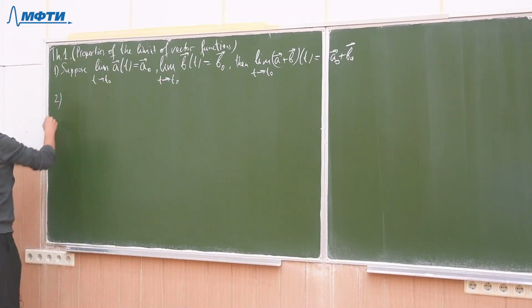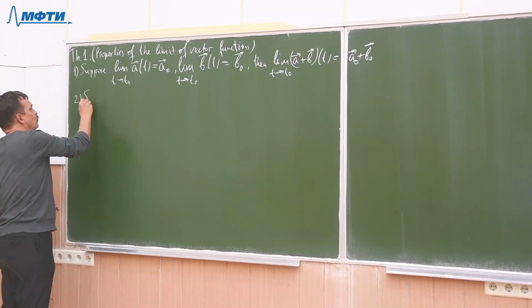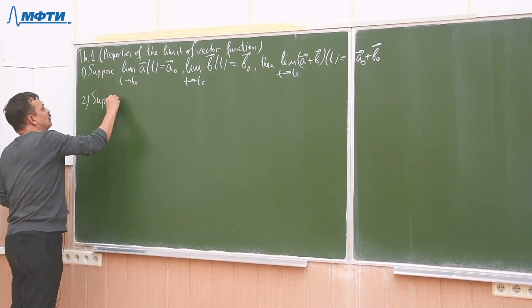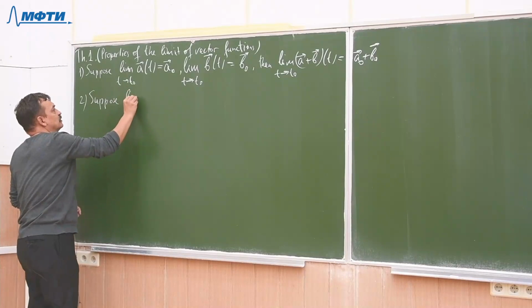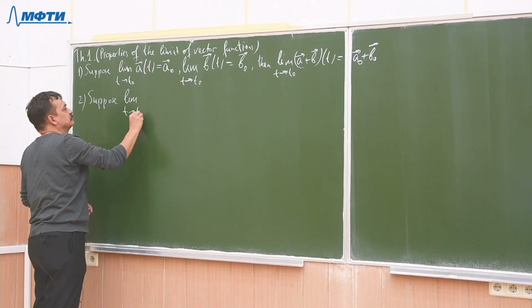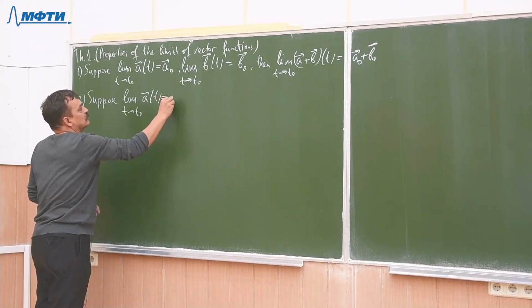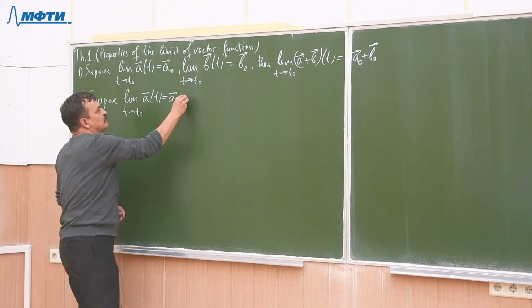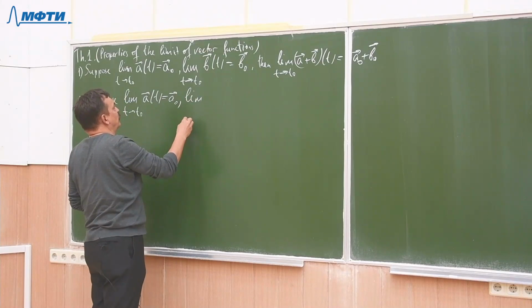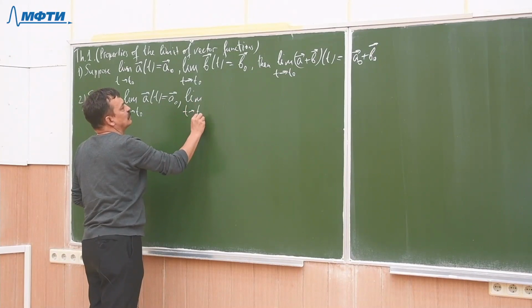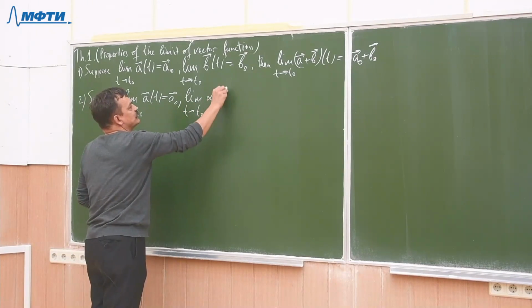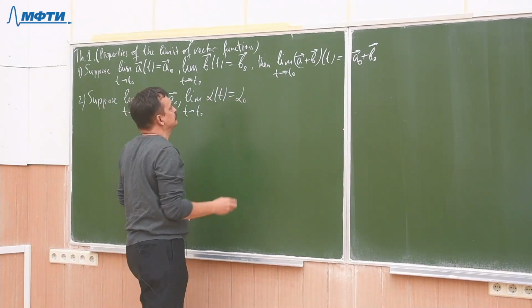Second, suppose also the limit of a vector function is given, and also the limit of a usual function, let's say alpha of t, is also given.